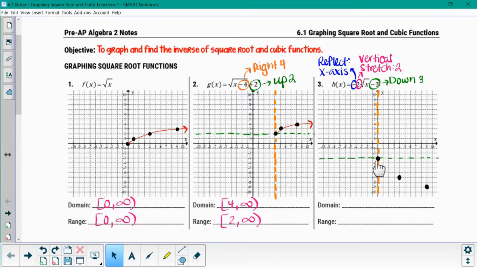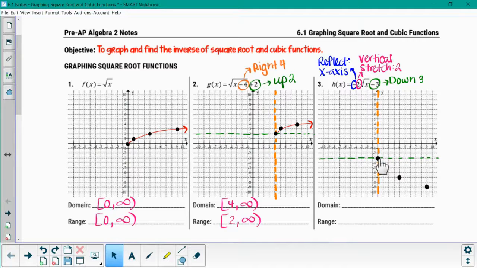So (0, 0) is not going to change. It's always going to be on the origin because we cannot reflect it, and 0 times 2 is just 0. Now, our parent function point (1, 1), if I were to reflect it over the x-axis, it's now going downward, and if I were to multiply it by 2, it's going down 2. So I went right 1, down 2.